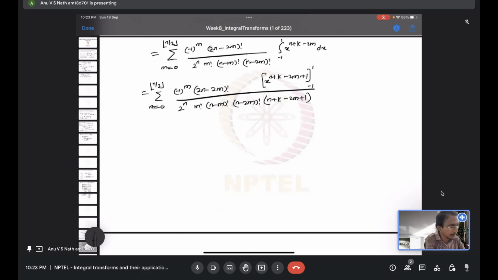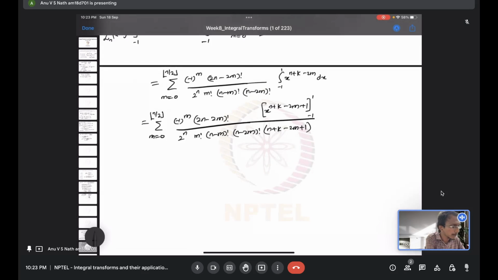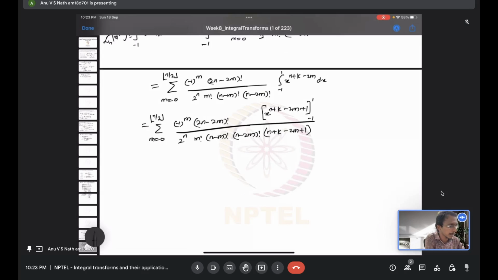So one thing for sure you can say, 2m will be even. So n plus k minus 2m is also even, plus 1 will be odd. So that will always be odd. Then the n plus k will remain like that, and depending on the values of n and k, that will determine what it should be when you apply x equal to minus 1. For 1 you will always get 1.